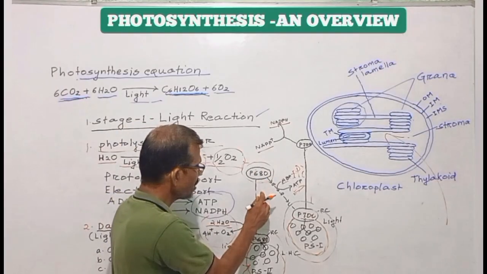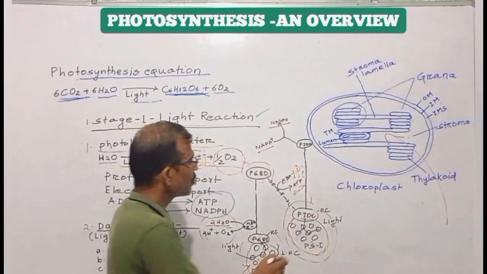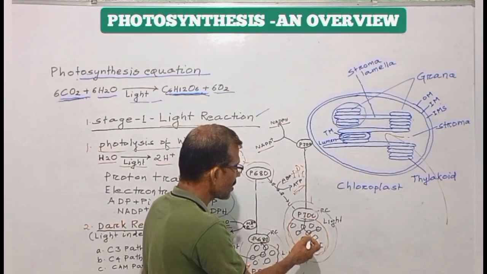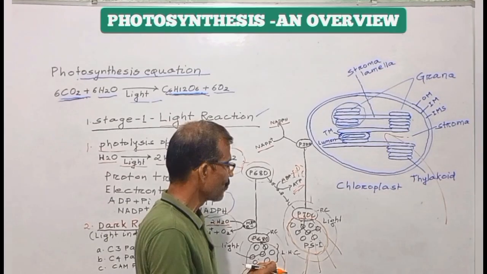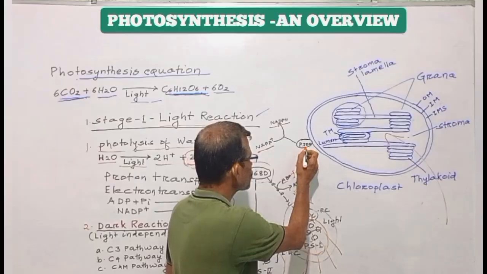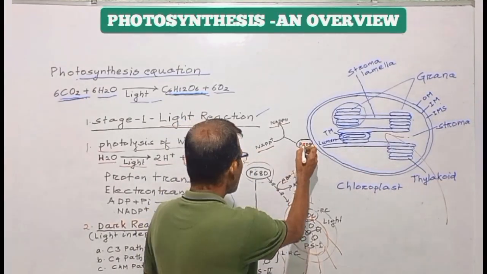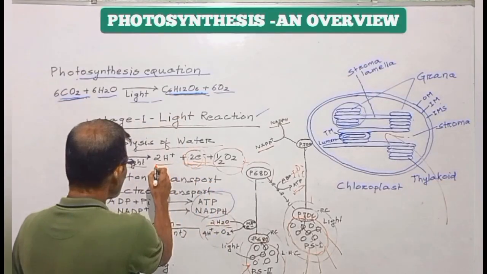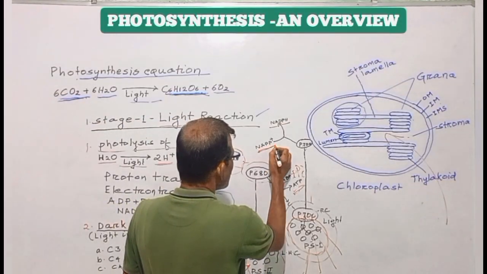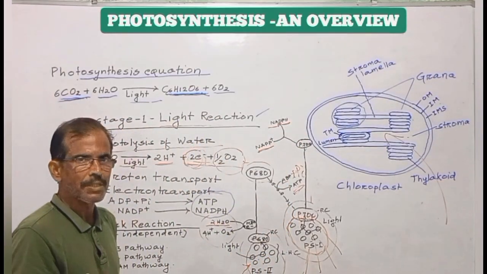This high energy electron then moves down the electrochemical gradient to photosystem 1, which also absorbs light and gets excited. As a result of this, one of its electrons is boosted to a higher energy state. This high energy electron along with this proton is used to reduce NADP plus to NADPH in the presence of a specific enzyme.